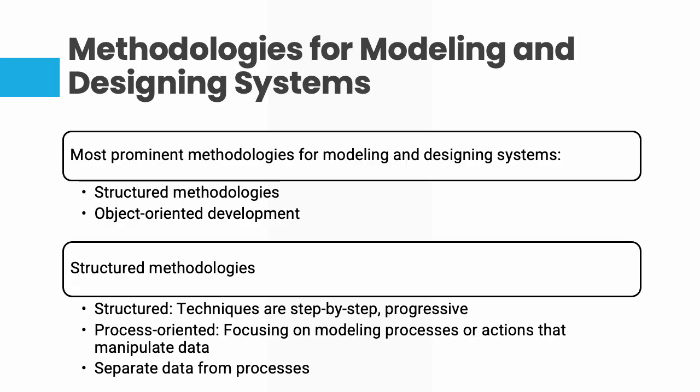We need a clear plan or a methodology, a structured way to create a model or a blueprint for the system. There are two most prominent methodologies. The first one is structured methodologies. The second one is object-oriented development.